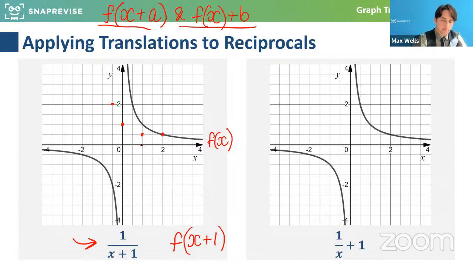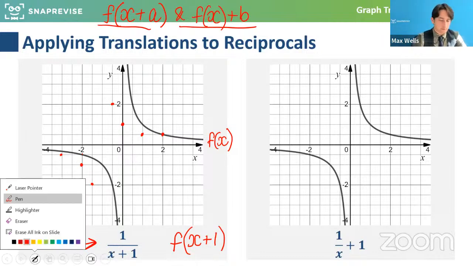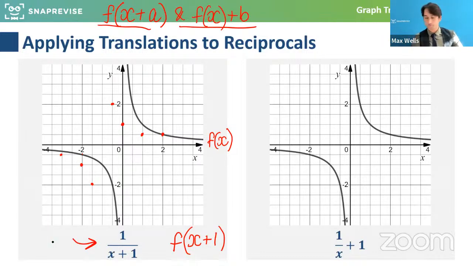And notice that 2 boxes on this graph is 1 unit. So I'm going to move it all to the left. Every single coordinate moves to the left. But also, another really important thing is that the asymptote, the key defining feature, will also move to the left by 1. So instead of being the y-axis, it's now the line x equals -1. So if I draw that in, that can sort of help to pin the graph in its position.